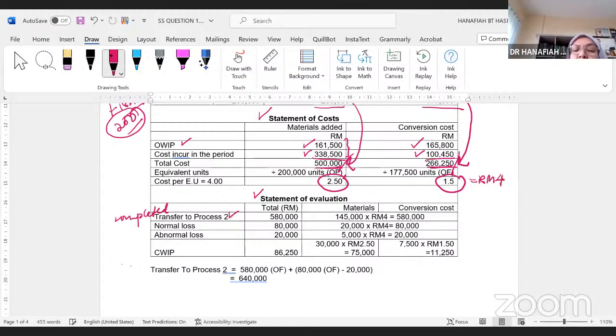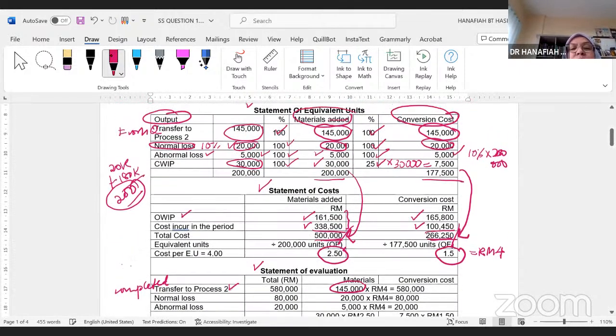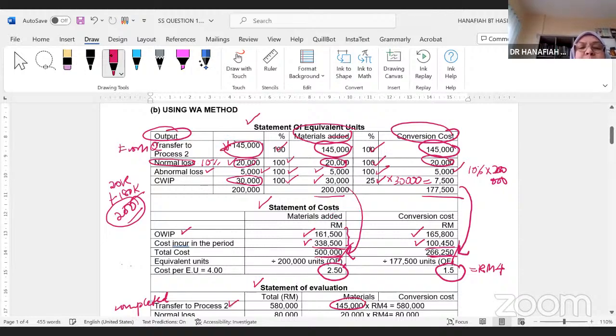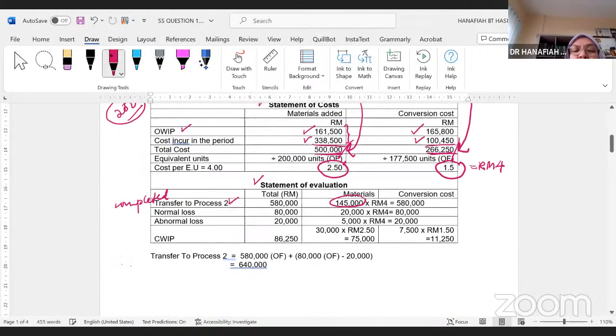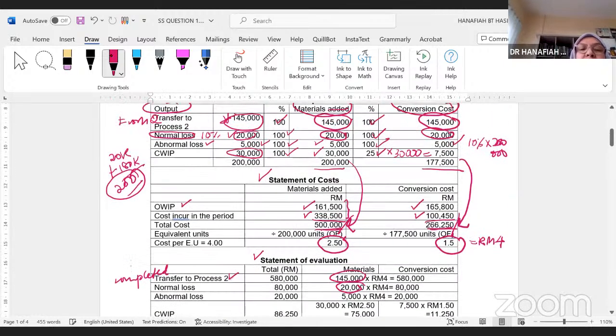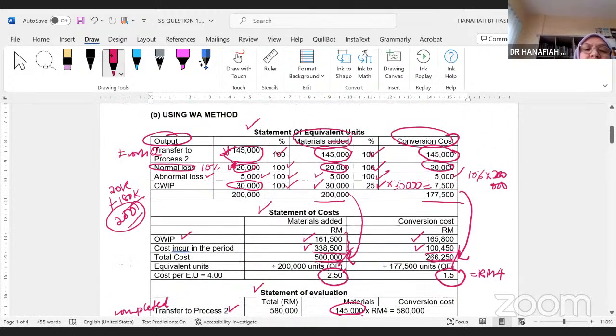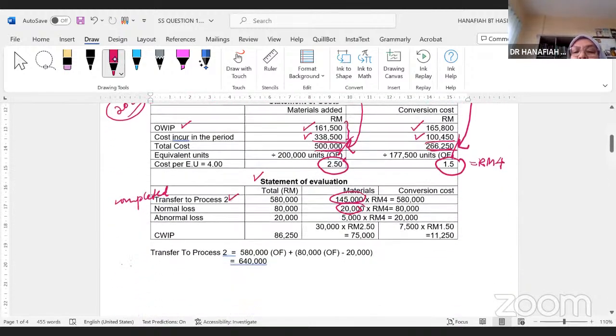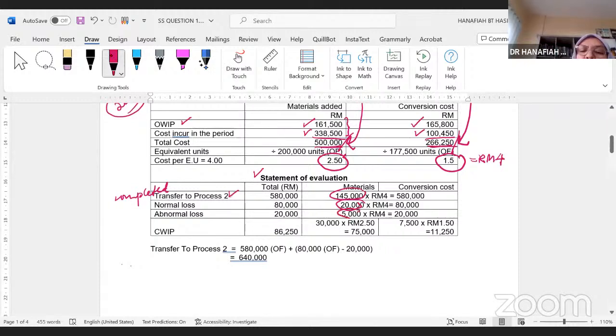Okay, so 145. This is from here. Okay, 145. The normal loss is from the normal loss quantity here, abnormal loss from abnormal loss quantity. Okay, then all of it you times 4, you will have certain amount here.